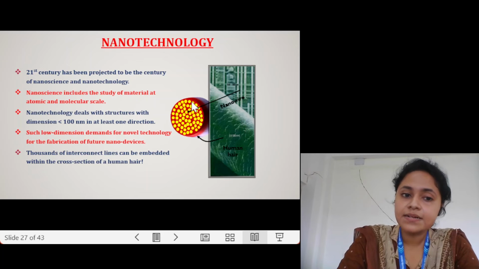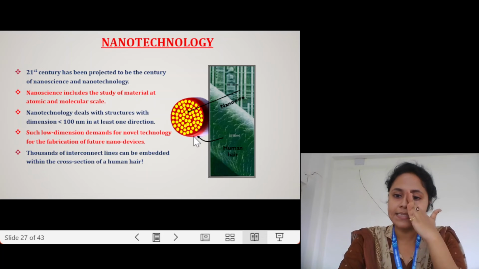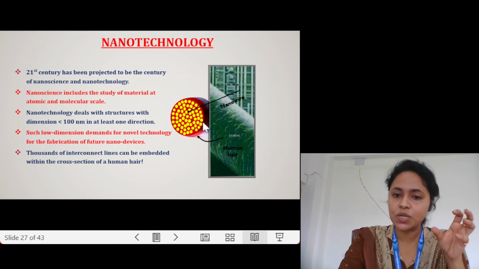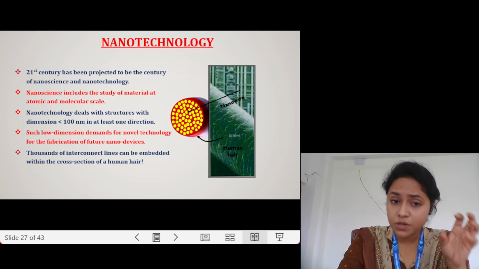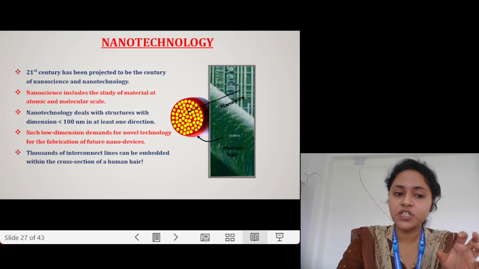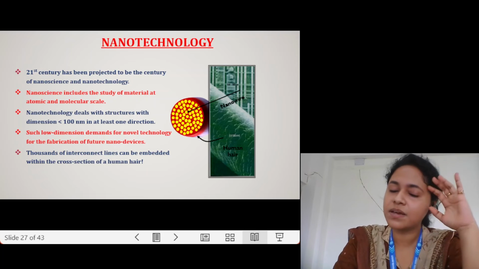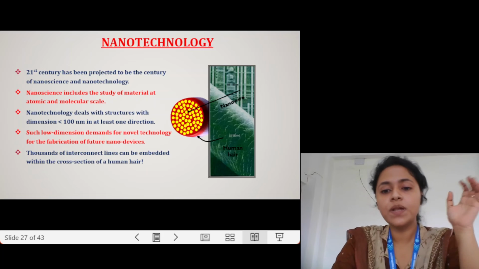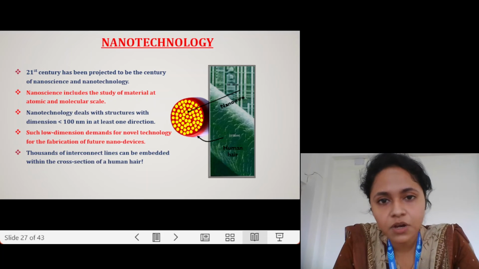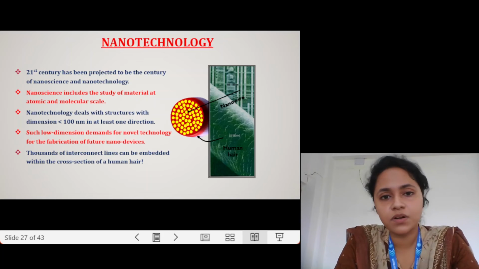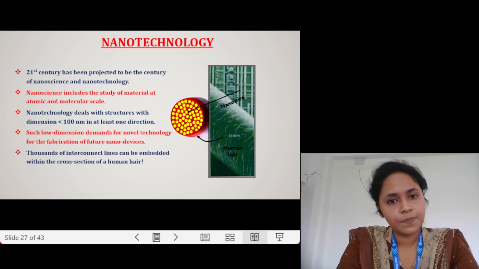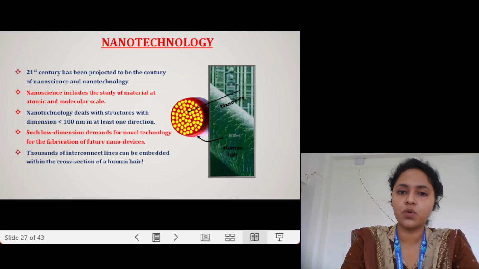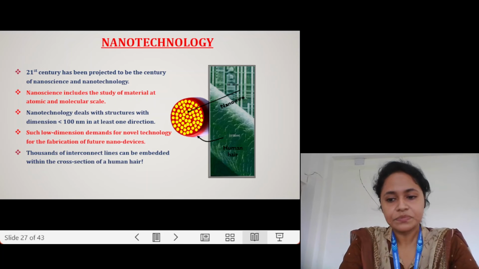Now, if we consider nano devices having interconnect lines or cross-sectional pads with dimensions of the order of a few nanometers, then you can imagine that within the cross-section of a human hair, you will be able to embed thousands of interconnect lines. Right? So this is the advantage of nanotechnology. This is what we call nanotechnology.